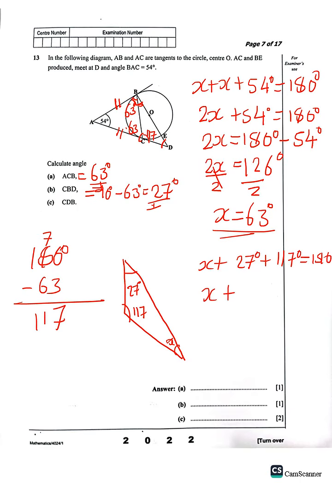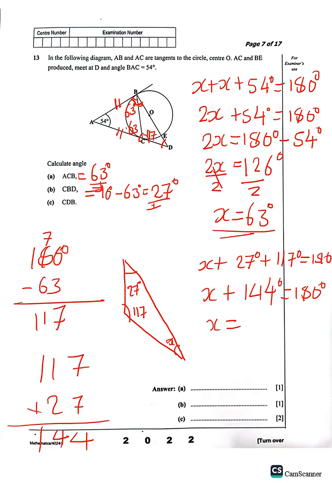So 117 plus 27: 7 plus 7 is 14, carry 1, 1 plus 2, 3 plus the one that we carried, 4, so this is 144. 144 is equal to 180. So 180 minus 144, we get 36. So 36 is our final answer.